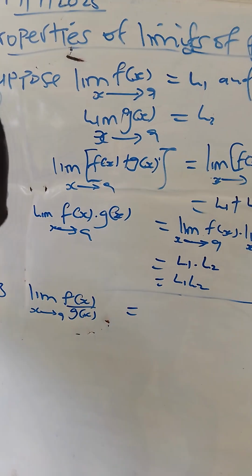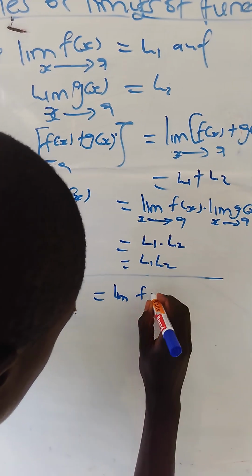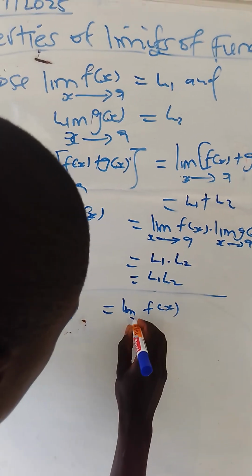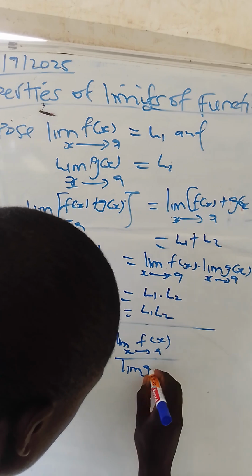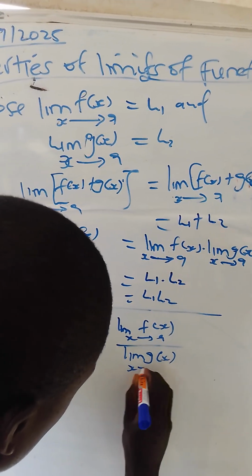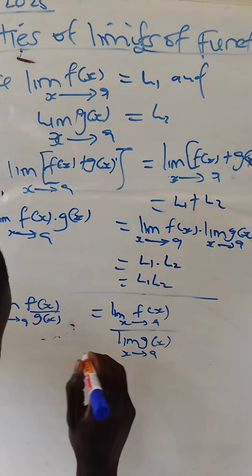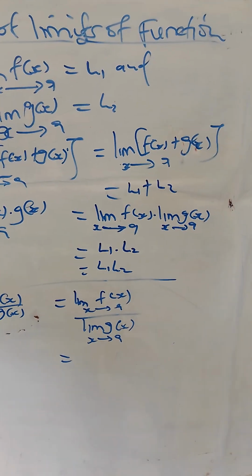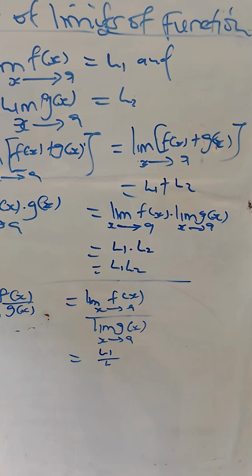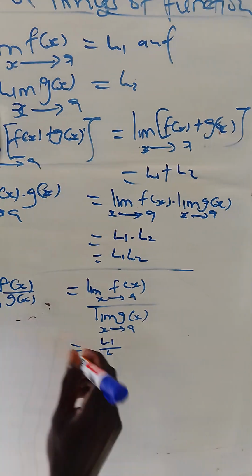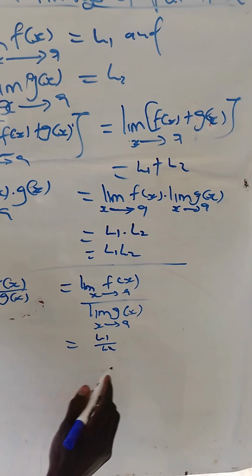Remember, this can be written as the limit of f of x for x tending to a divided by the limit of g of x for x tending to a. The limit of f of x for x tending to a is the same as L1, and the limit of g of x for x tending to a is the same as L2. So this is another property for the limits of a function.